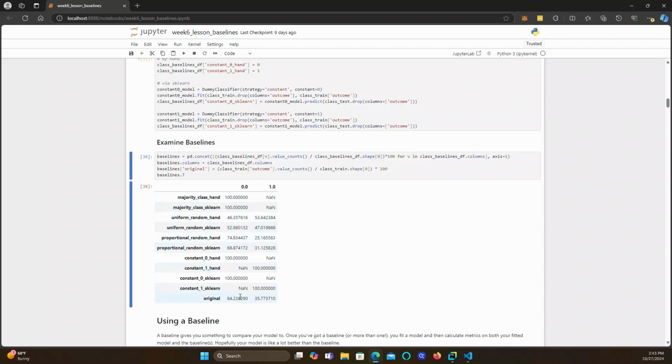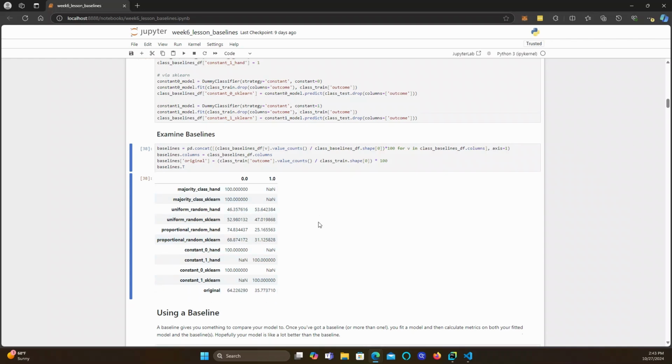We're looking at this to see how similar this actually is to the original data. All right, so if I was really doing this, the most reasonable one probably seems to be the proportional random baseline from scikit-learn. Seems like that is probably the best baseline, but it doesn't really matter. You can learn something important from every single one of these.